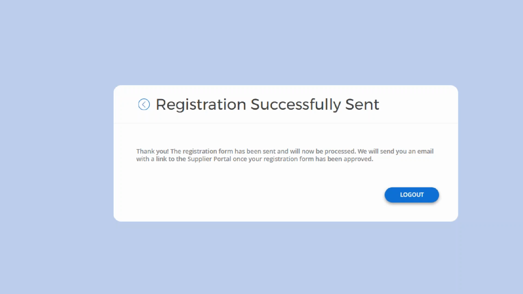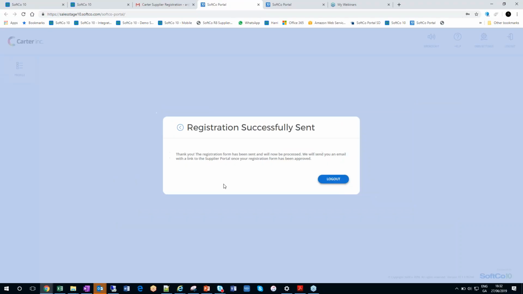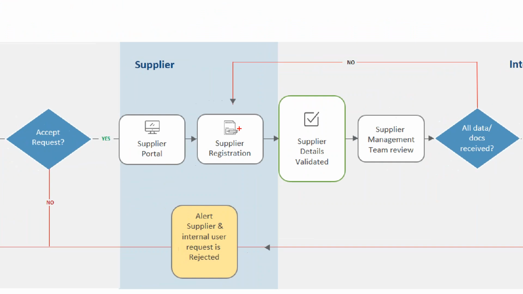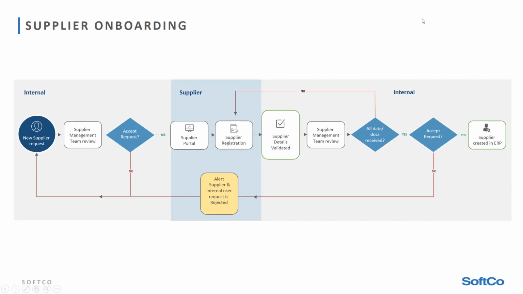But at this point, in our simplified example here for today, we filled out all the required information. That has now returned control back to the internal process. So if I go back to our internal process, we can do online automatic validation of certain information, and then we can get the supplier management team to review that.